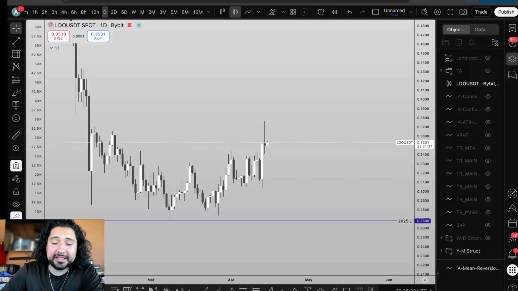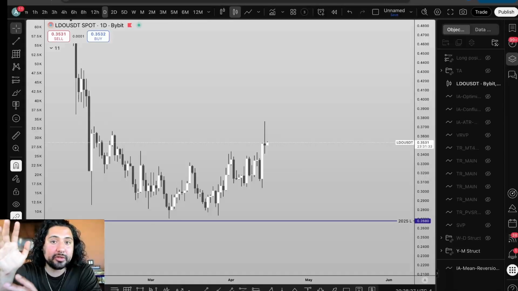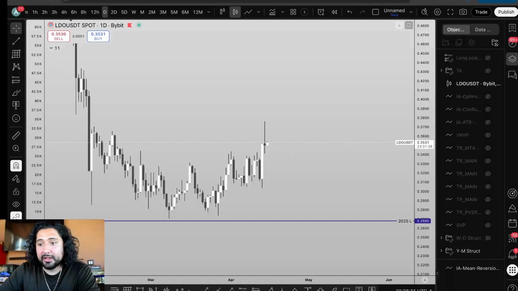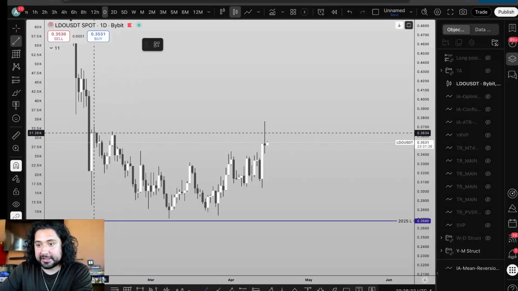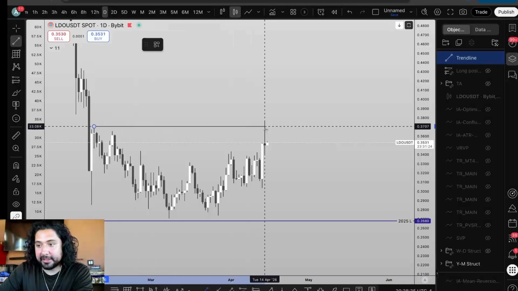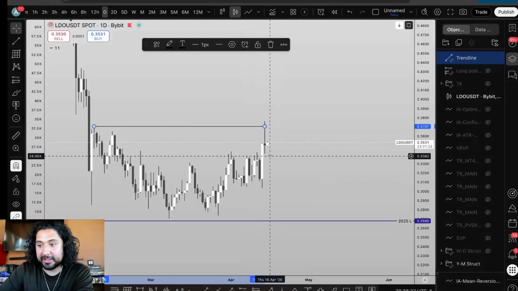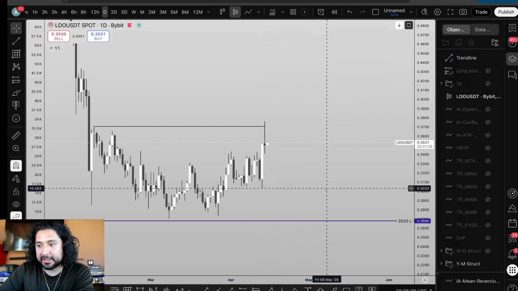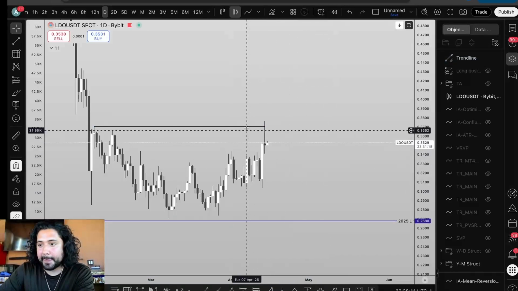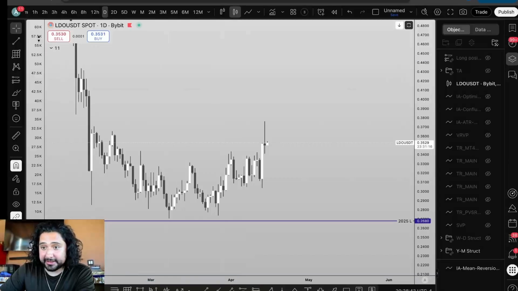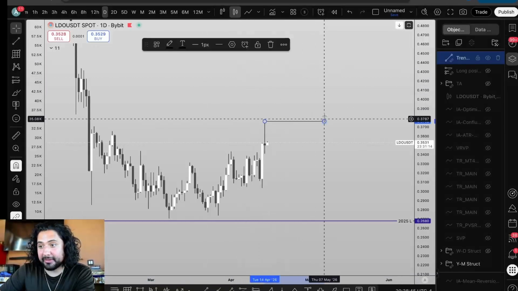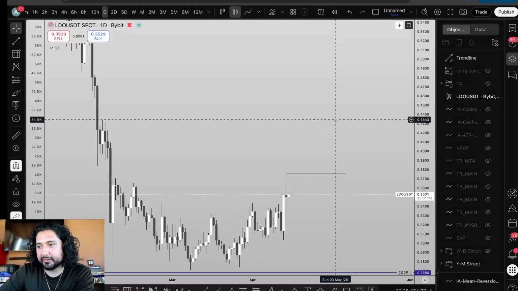But yeah, going back to the daily, here's the thing: a lot of these coins are already kind of making their move to the upside, and once you see this video, the pullback has probably already happened. But as you can see here, we took the liquidity, we did SFP it. So to confirm this SFP to go to the range low, we need to close underneath that invalidation low I said. But if we get a daily closure again back above here, yes, we're going higher to 43 cents.